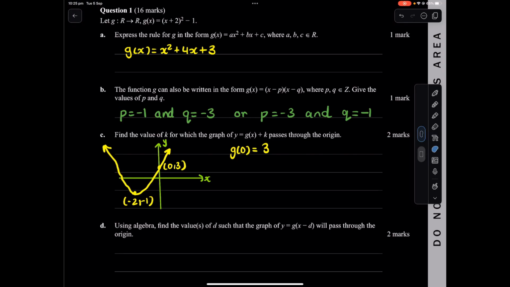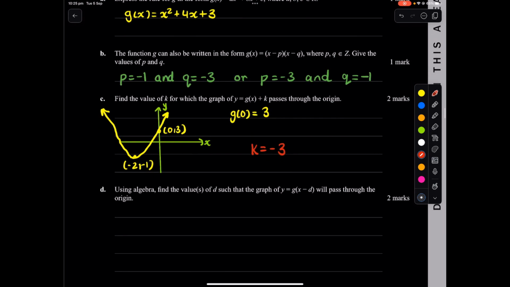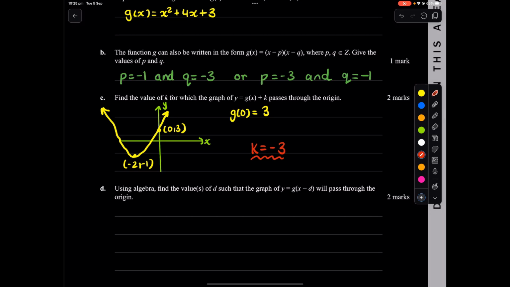Can you see how it's in our y-intercept? And if we go down 3 units, perfect, it passes through the origin. So we can say our k value is -3. It means 3 units downwards. Perfect. I hope that's right.